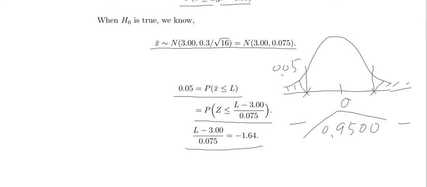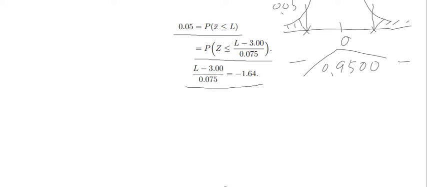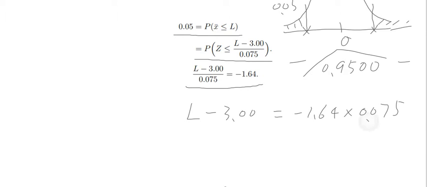Then we can find this cutoff point. So what is this L? L minus 3.00 equals negative 1.64 times 0.075. So L is just equal to 3.00 minus this, right?